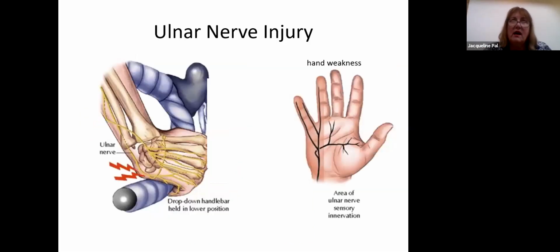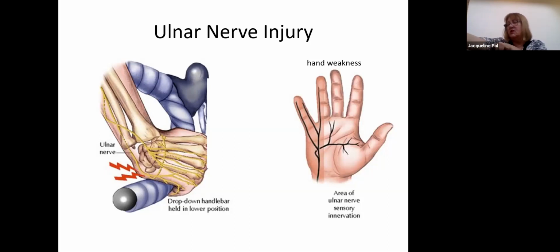Ulnar nerve, the classic ulnar nerve injury is in bike riders who are leaning on their handlebars, because your ulnar nerve comes right here. You know, when you're hitting your funny bone, right here between the ulna and the humerus on the lateral aspect, that's your ulnar nerve. And then it comes down here. It goes posteriorly, just go around.